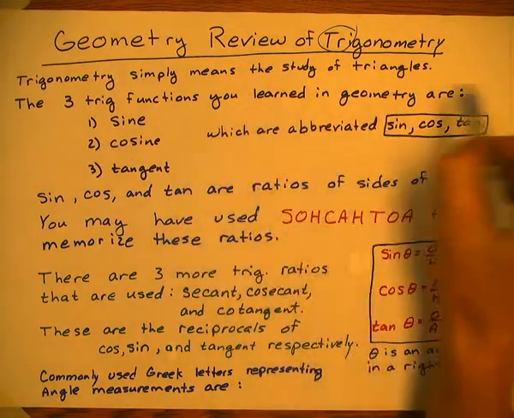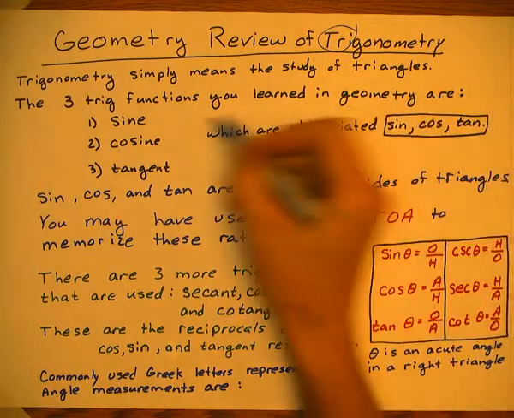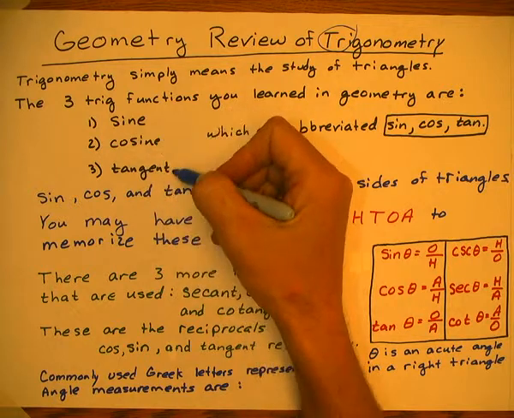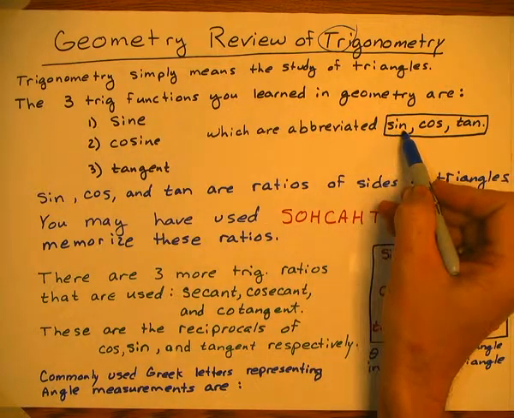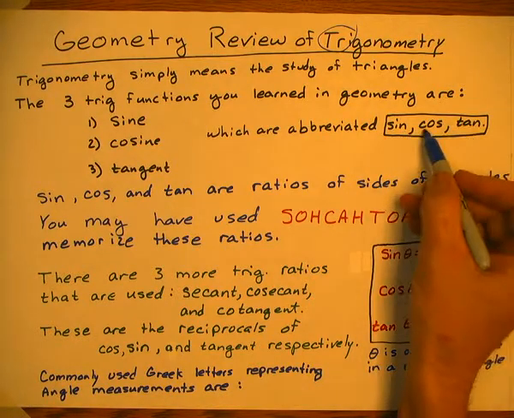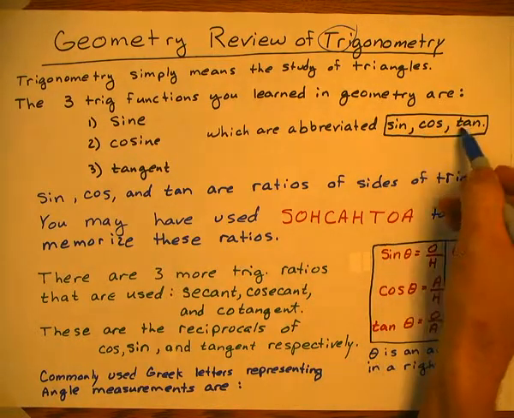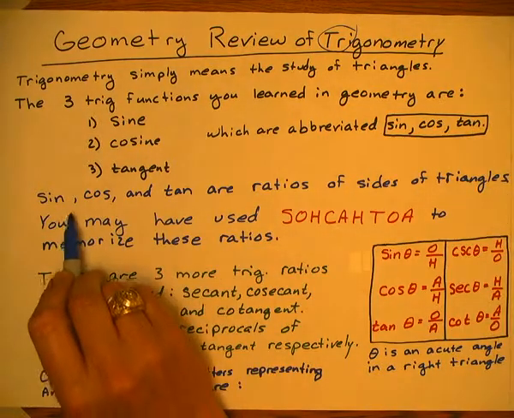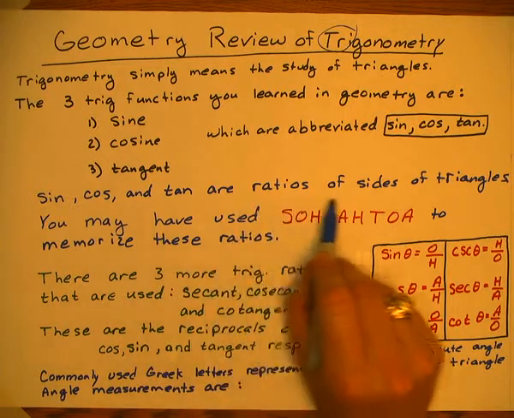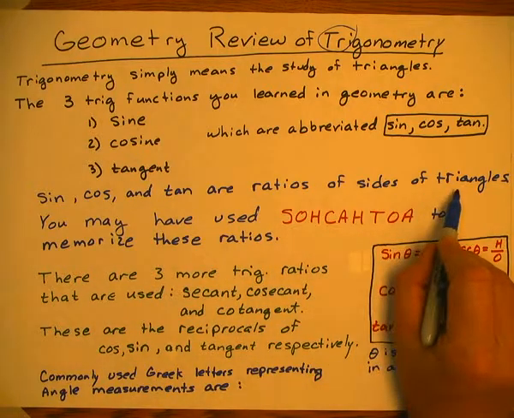The 3 trig functions that you learned in geometry were sine, cosine, and tangent, abbreviated SIN, pronounced sine, not sin, COS for cosine, and TAN for tangent. Now, sine, cosine, and tangent are the ratios of the sides of triangles.